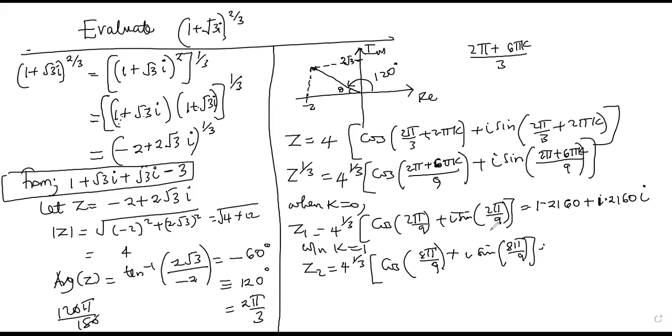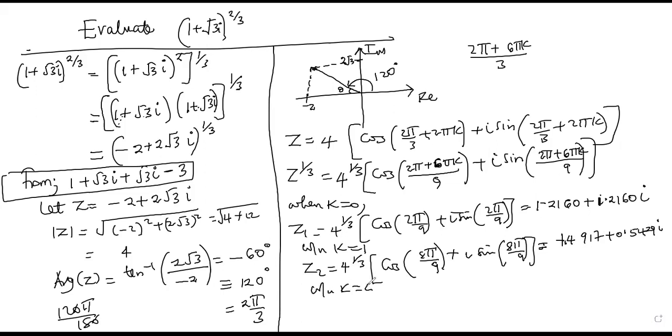When you take the cosine of this and multiply by 4 power third, it gives you negative 1.4917 plus 0.5429i.